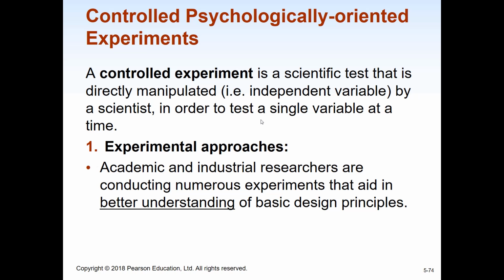We are going to change or manipulate the independent variable here, which is the time of usage, and based on it we will see whether the rate of the errors will change based on the time or not. So here the independent is the time of usage and the dependent is the error rate.